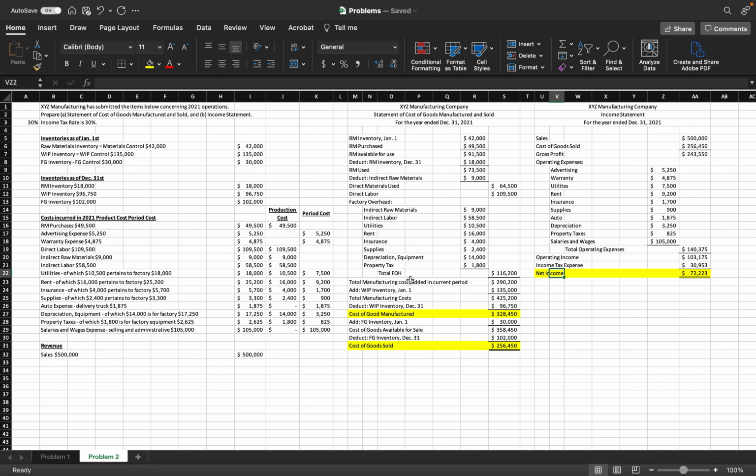I have a template that I look at when I need to complete one. The real part of this problem is going through and just organizing your data and knowing, okay, what's a production cost and what's a period cost. That's the actual analysis that takes place in the problem. The rest is simply putting it in the right order to create the various statements that you need.